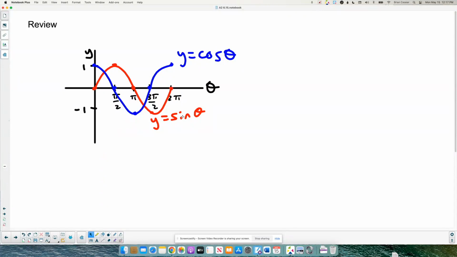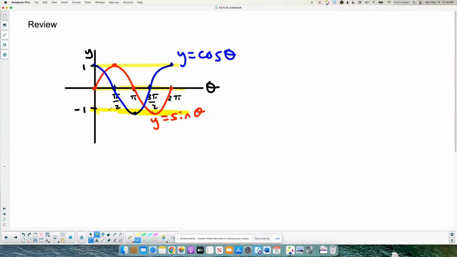Both of them have a period length of 2 pi. So when I say period length, we're talking this distance from here to here. That length is 2 pi, whether you're on the sine graph or the cosine graph. They both have an amplitude of 1. Amplitude is from the middle, or the midline, up to the top, or the midline to the bottom.